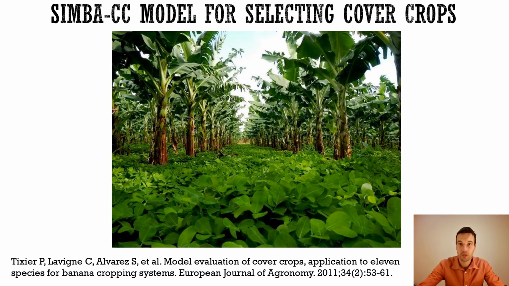Cover crop should be able to grow quickly and form soil cover to suppress weeds, and also persist under increasing shade from the canopy of the main crop. The SIMBA-CC model has been developed to select the optimal cover crop by predicting long-term growth potential of cover crop based on radiation interception and conversion to biomass.